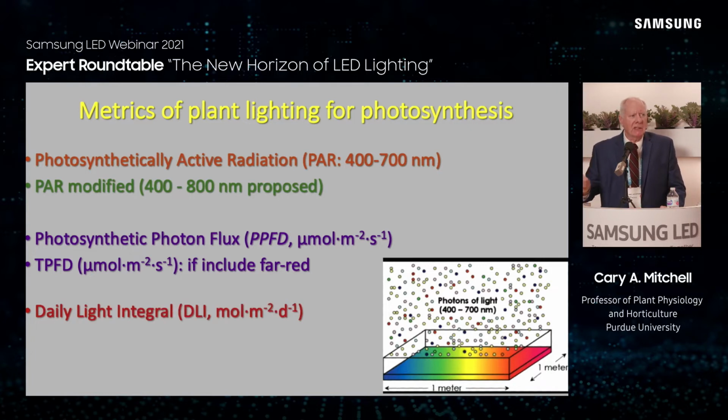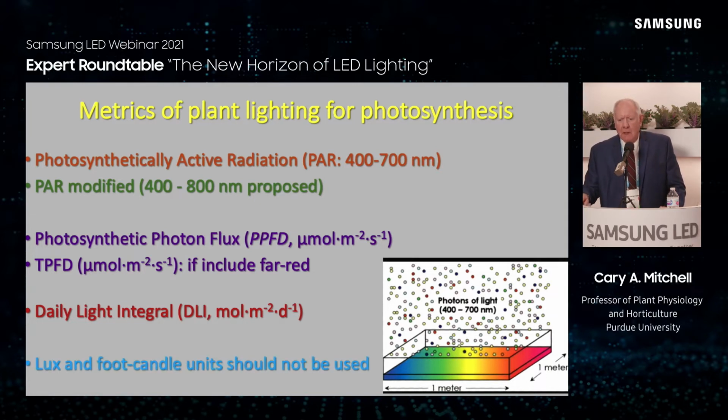But plants integrate the light that they absorb over the entire day. And this is what's important, so we've come up with the concept of daily light integral. And instead of talking about micromoles per meter square per second, we're talking about moles of light per meter square per day. This is just like chemistry.